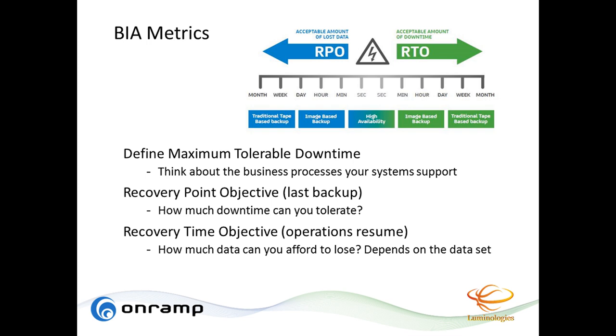So I may have an RPO of 4 hours, which means I've got data that's up to 4 hours old, but it may take me 8 hours to bring that back online, or it's okay with me that I can take an additional 8 hours. And maybe that's way too long. So these are targets that you want to set, both for how frequently you need to be replicating your data, as well as how much downtime you can really tolerate until those services are back online.